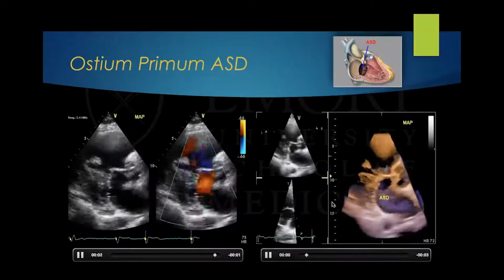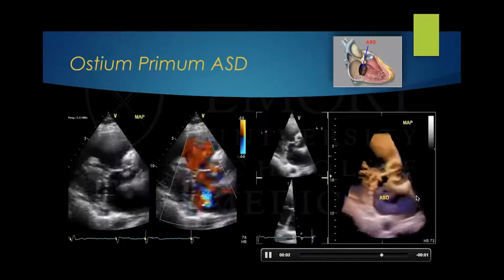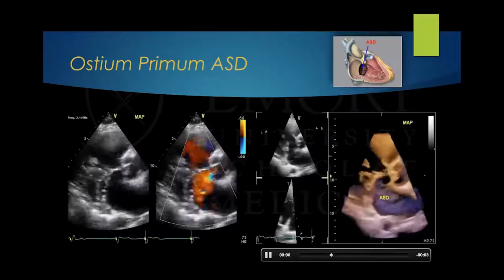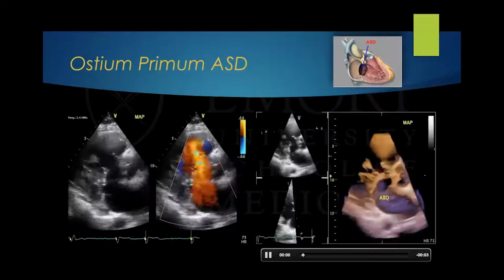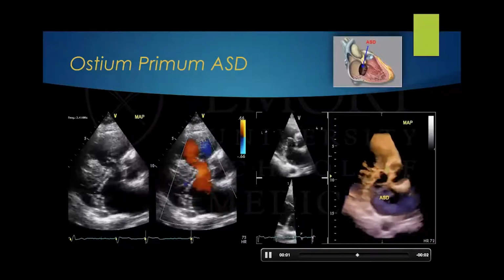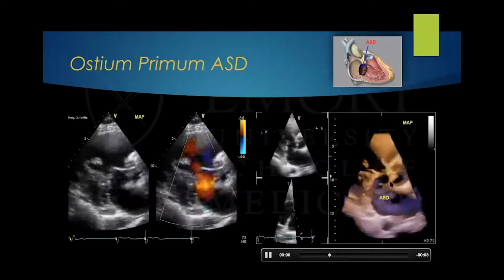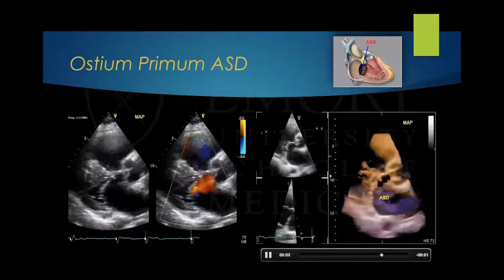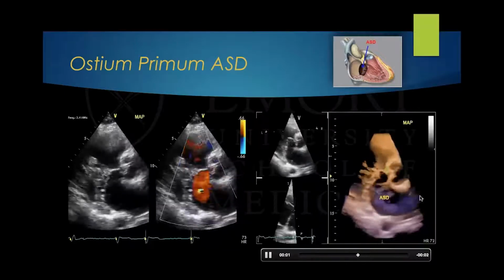I am putting a lot of 3D images because I feel like we can understand the anatomy better, and it gives us better landmarks of the other structures surrounding the defects. For example, this one shows the left atrium here, the large primum ASD, the aortic valve, and this is the right ventricle.